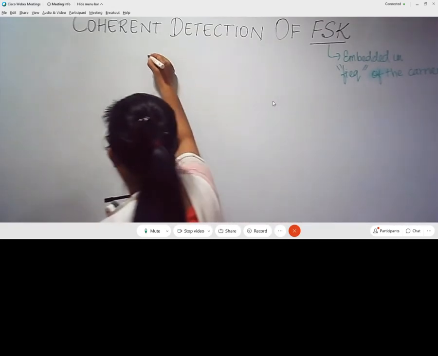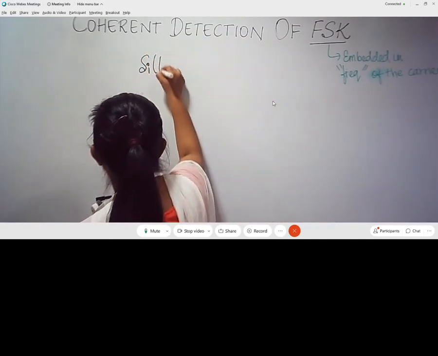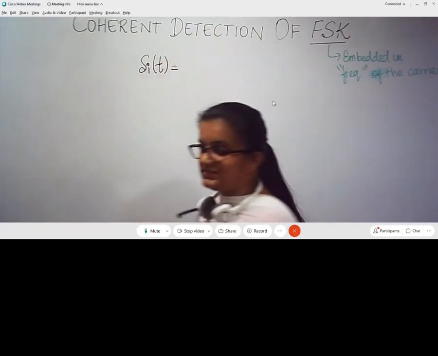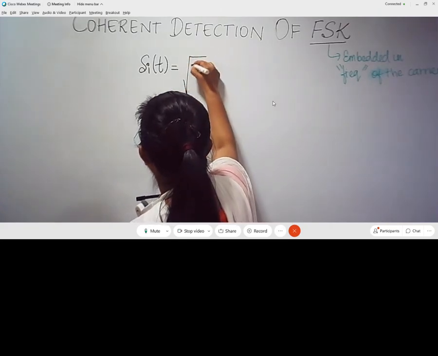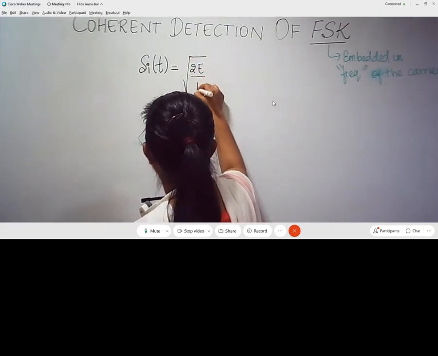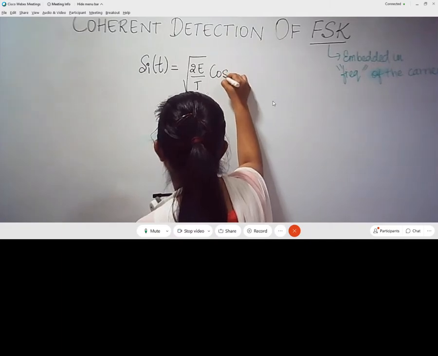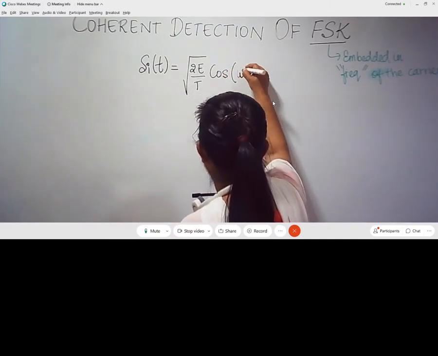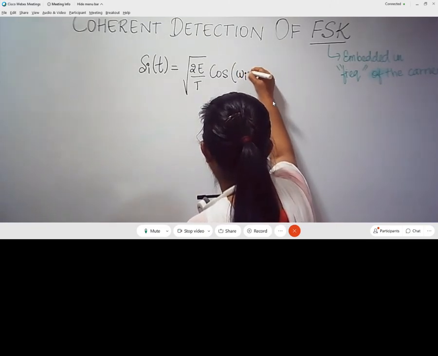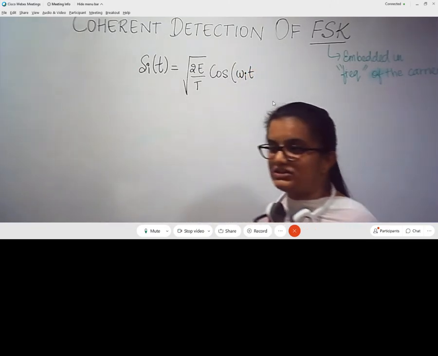So the general expression for a symbol waveform Si(t), for the case of FSK, I can write as square root of 2E by T into cosine, which is the carrier function, having an argument omega_i t. This is the parameter which will be changing.